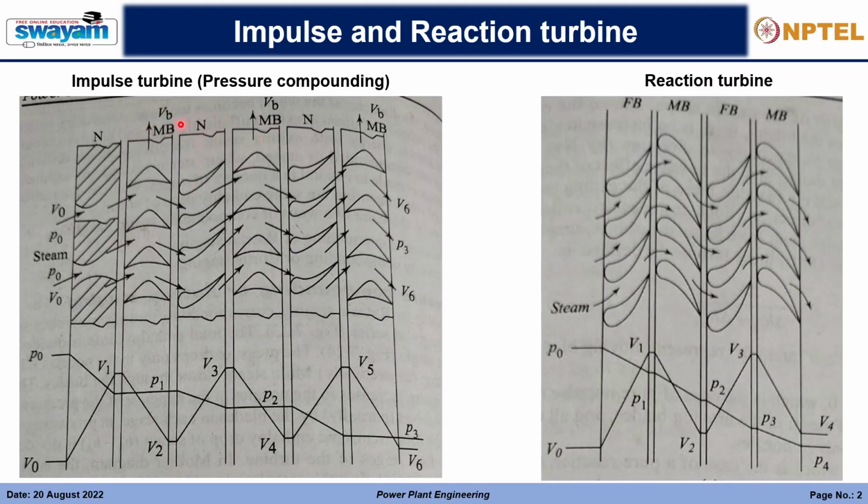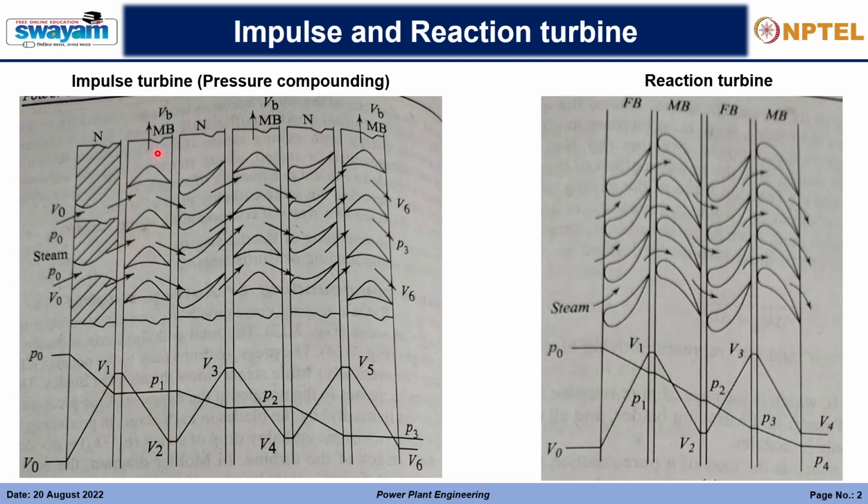Then again it passes through the nozzles, which are fixed to the casing. So the shaft is rotating, and the moving blades are fixed to the shaft, and these nozzles are fixed to the casing, which is above the shaft, and it is static. When the steam moves through the moving blades, its velocity decreases, but the pressure remains constant.